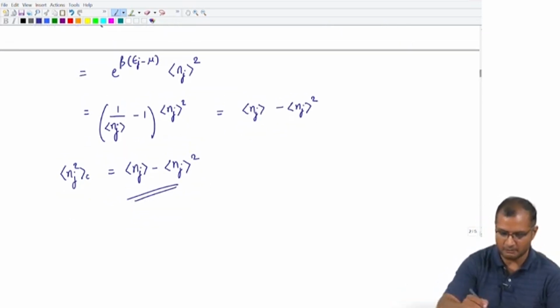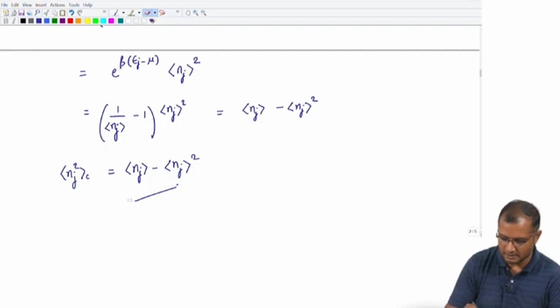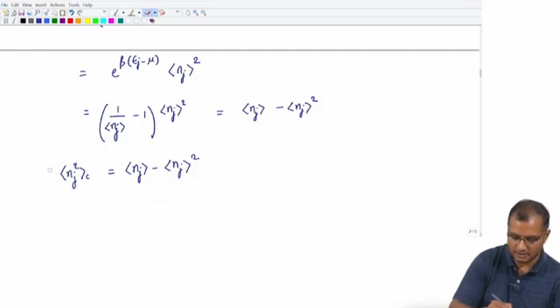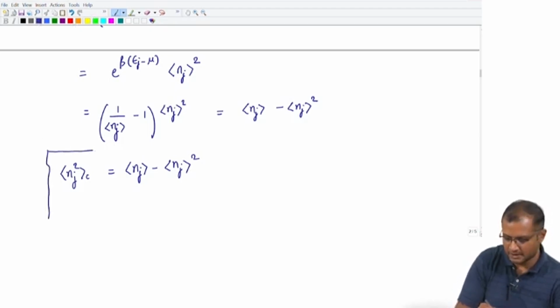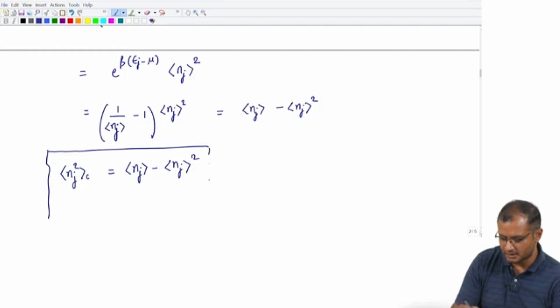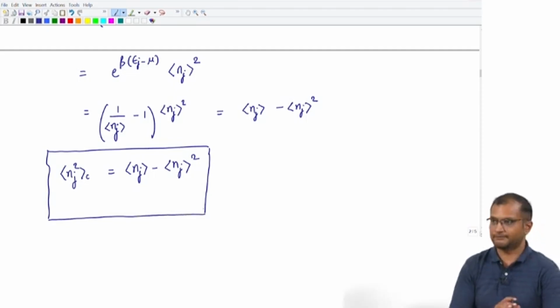This is an important result, so let me just put it inside a box. This is the second cumulant of the occupation number, and it is obtained in terms of the occupation number itself.